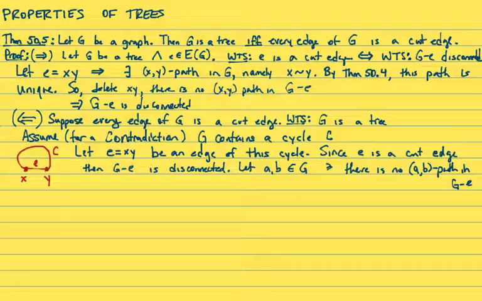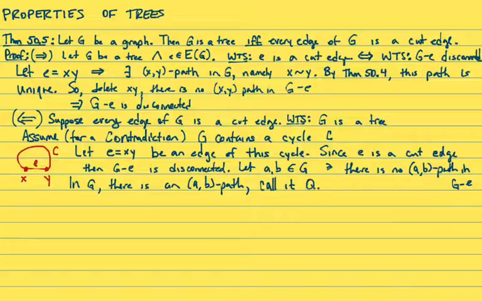Now we're going to prove that I can actually form a path from A to B that's still in G minus E, and that's then the contradiction. If it's disconnected, then there can't be a path, right? There are two points for which there is no path. So in G, we know that there is an A-B path. We're going to call it Q because G is connected.